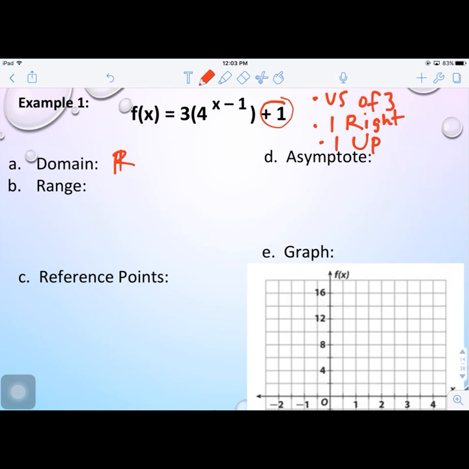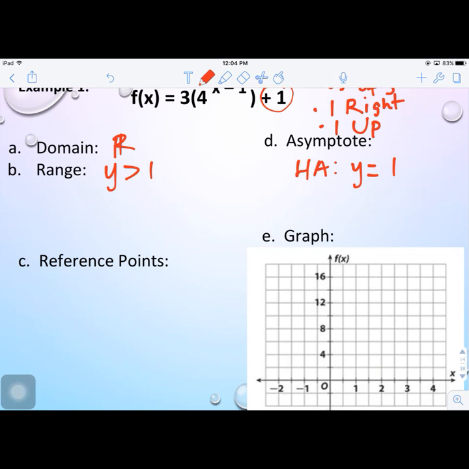Since this follows a regular, normal exponential growth function, the range is going to be y greater than 1, because it's going to be above that line. In fact, we have a horizontal asymptote at y equals 1. Remember, that is the horizontal, and we can go ahead and draw that right now. And there is the horizontal asymptote.